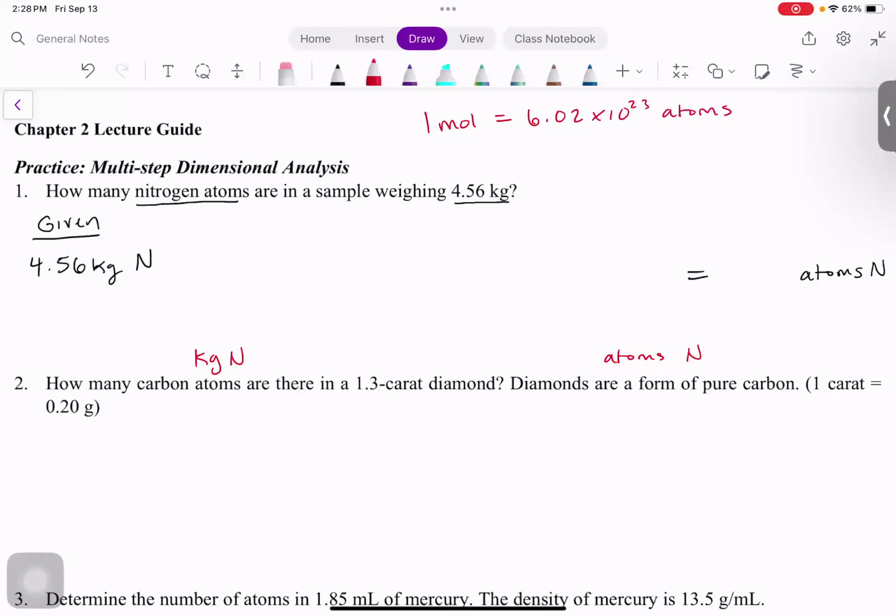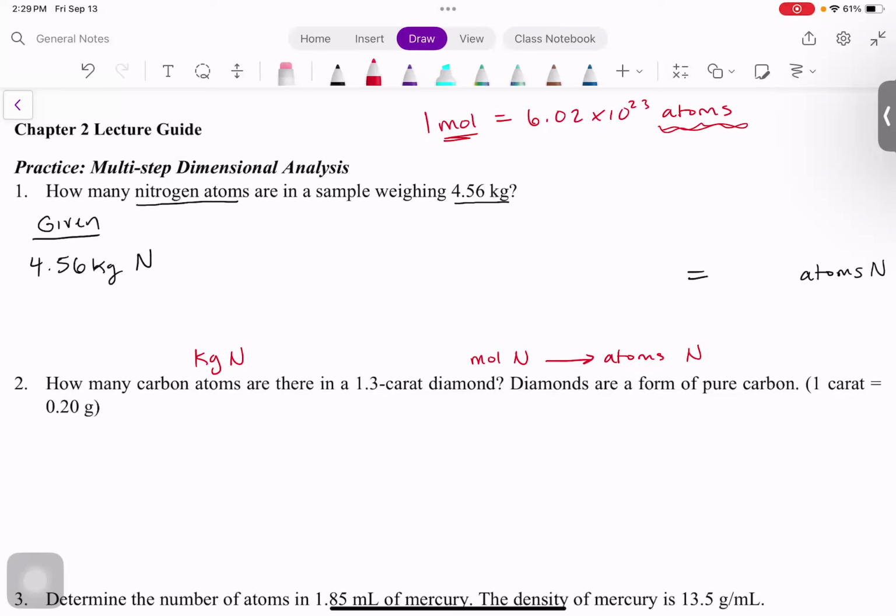So that means that if I need to get to the unit of atoms, I can go through moles. So what that means for me is that if I convert to moles of nitrogen, then I can get atoms of nitrogen. So what I need to do is convert my kilograms into moles.